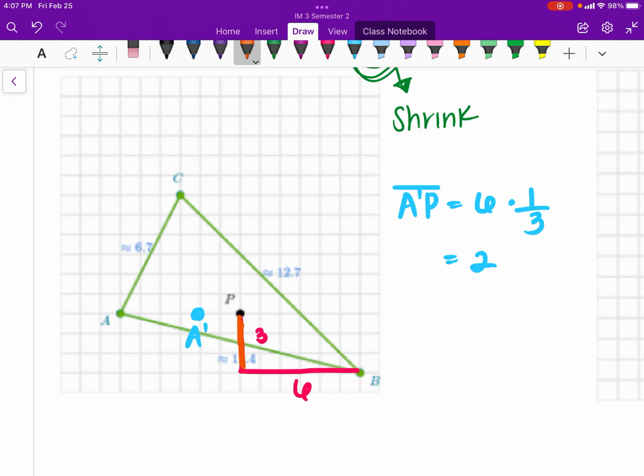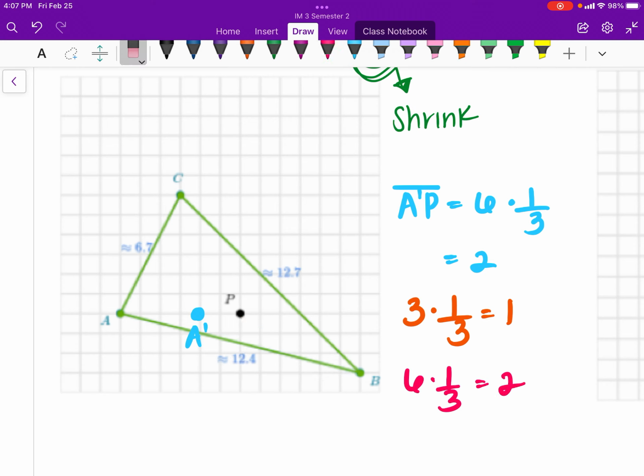For the orange one, I'm going to do 3 times 1/3, which gives me 1. So my new point is 1 down from our center. Then 6 times 1/3, the one in hot pink, is 2. So our new point B prime is going to be 1 down, 2 to the right. So that is B prime.